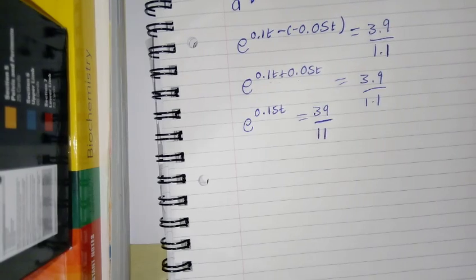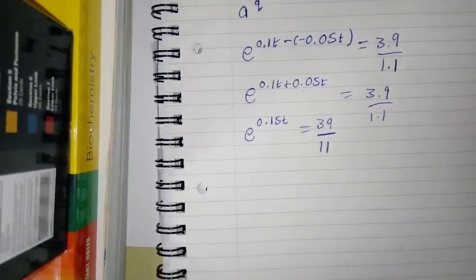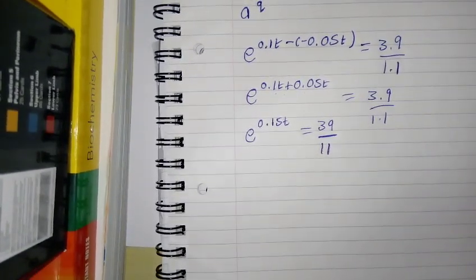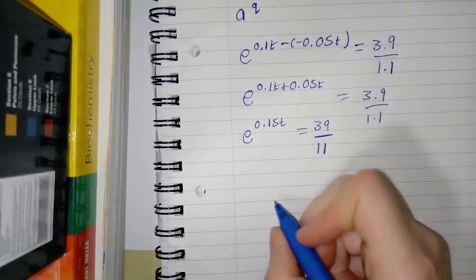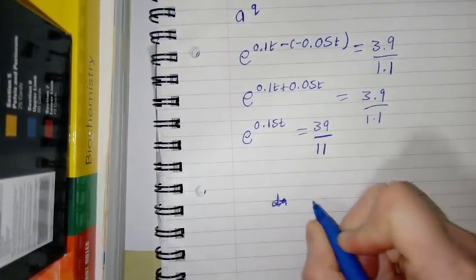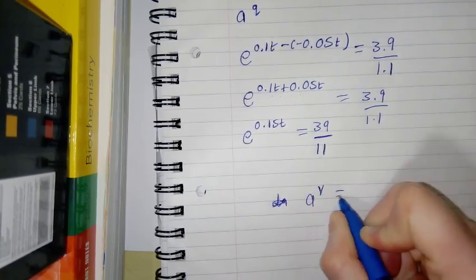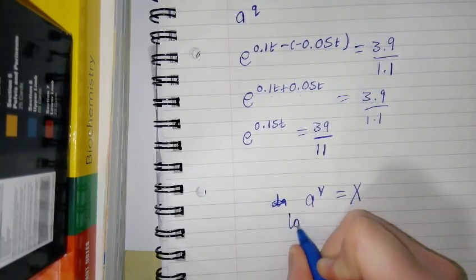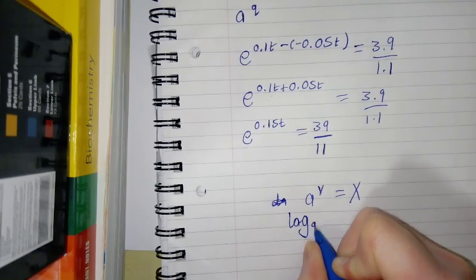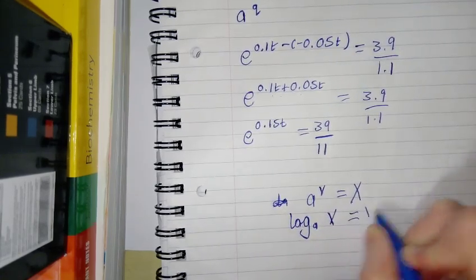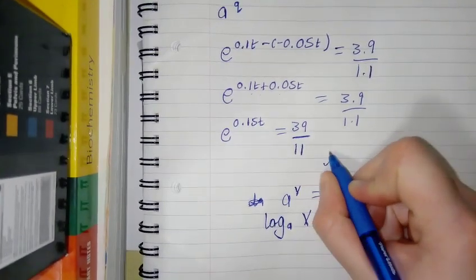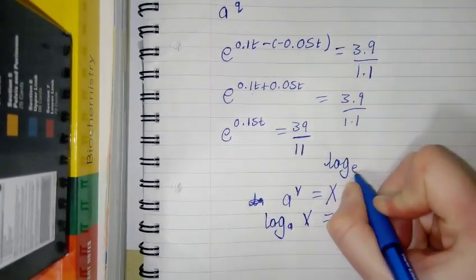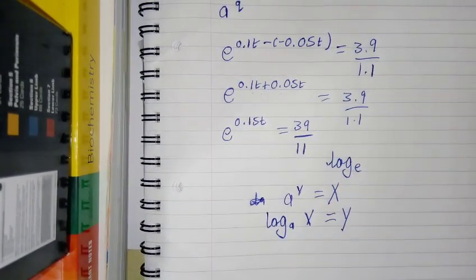So now we have an exponential, but to solve this we need to have it as a log. If we have an expression a to the power of y is equal to x, we can write this as log base a of x is equal to y, because at the moment we can't figure out what t is. We can write that as log base e, which is also the same as natural log.